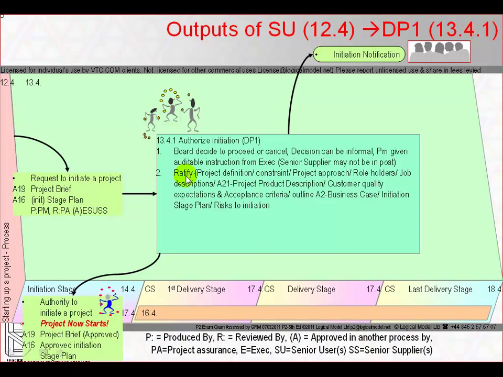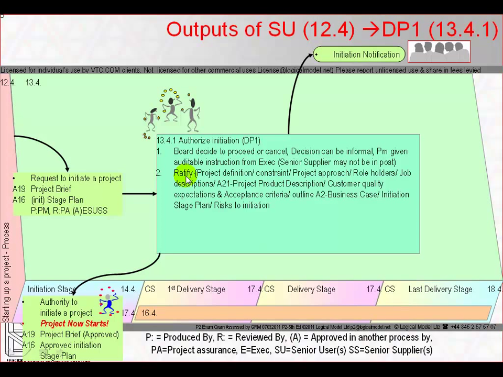Whether done by people with separate delegated project assurance duties or the project board members themselves, the project brief and its contained elements such as milestones, outcome, customer quality expectations and acceptance criteria, business case as far as the outline goes, the project approach, the role holders' job descriptions with latest role definitions, the initiation stage plan and the recorded risks and the stage plan's contained reporting and control regimes are confirmed for completeness, accuracy and viability.